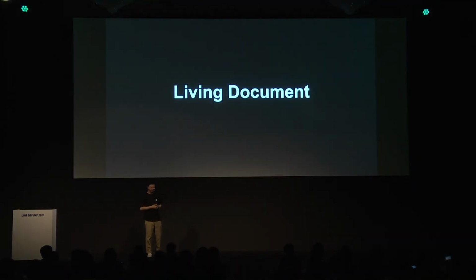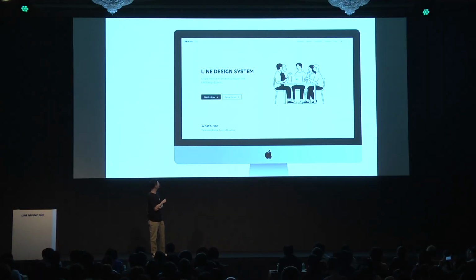So the last part is the living document. We need to think about how to share the Line design system internally more effectively. Our decision is like this. We have a beautiful website internally, design.linecorp.com, and every resource I showed you is accessible on this one single site.